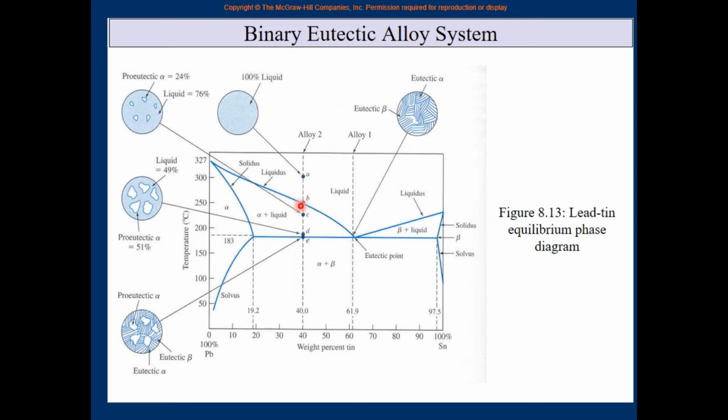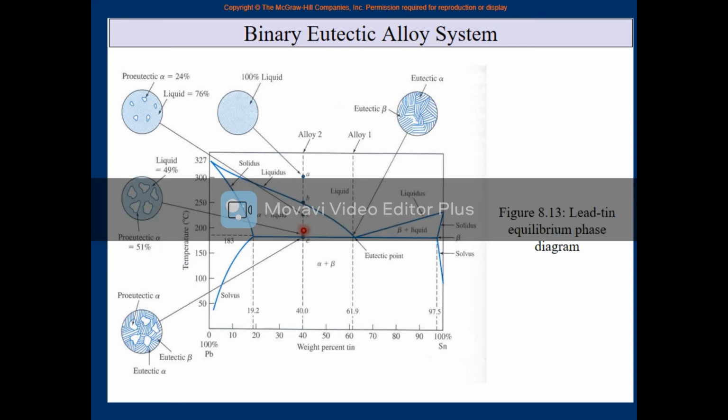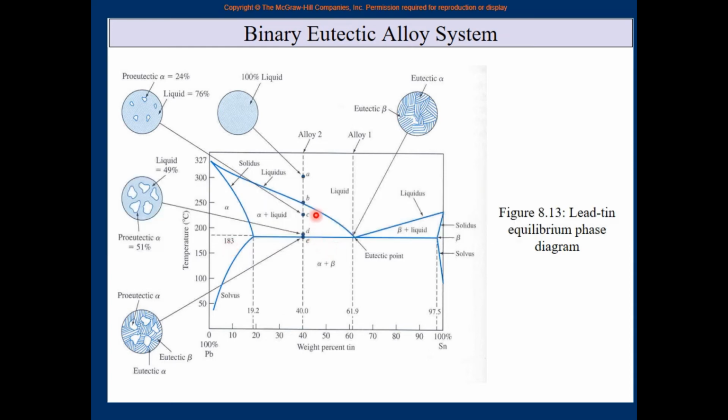So whatever alpha we have here or here or here is pro-eutectic alpha, alpha that is formed above the eutectic temperature. If the eutectic temperature is 183 Celsius, then at 200, 250, whatever solid is formed is pro-eutectic alpha.